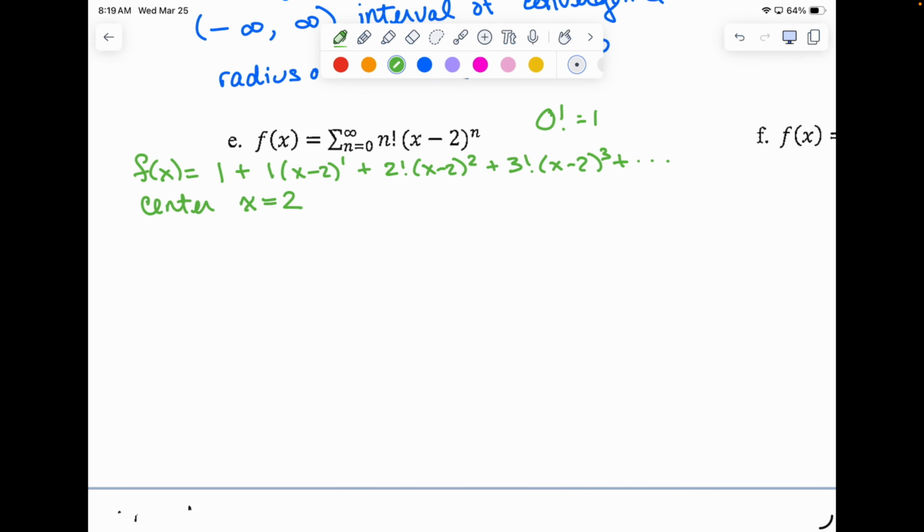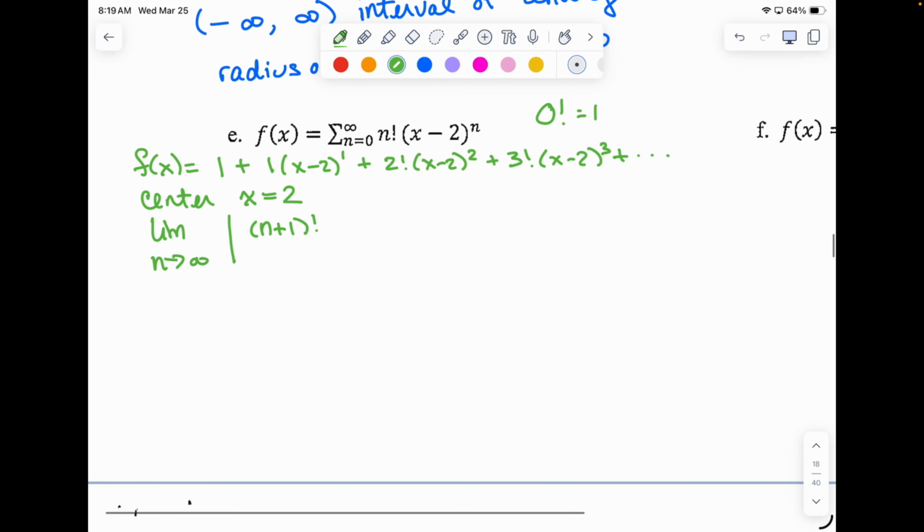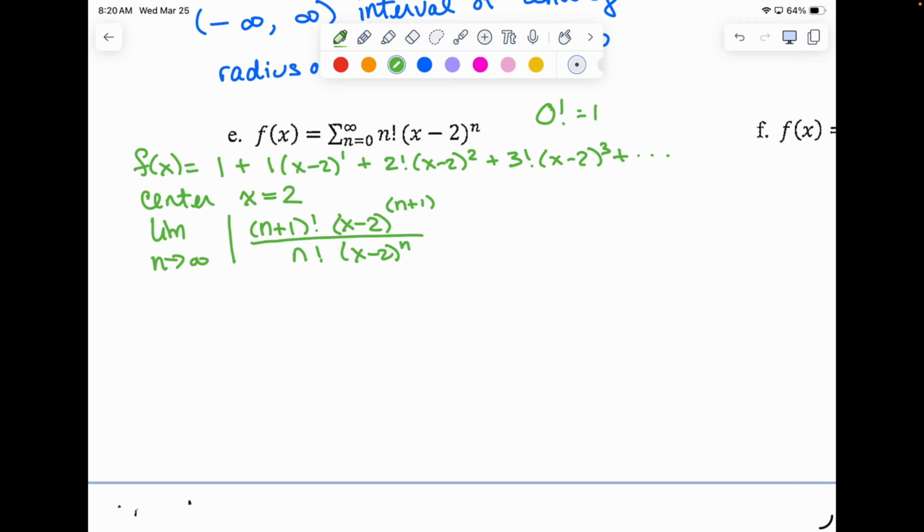Okay, let's do our ratio test. So we're doing the limit as n approaches infinity. We have n plus 1 factorial x minus 2 to the n plus 1 in our numerator, and our denominator is the original n factorial x minus 2 to the n.